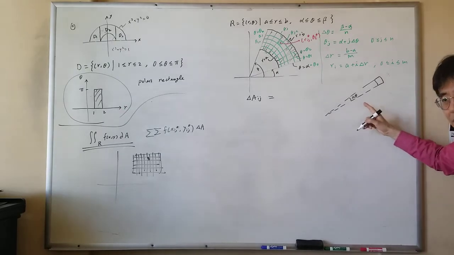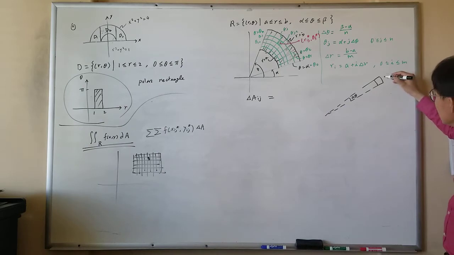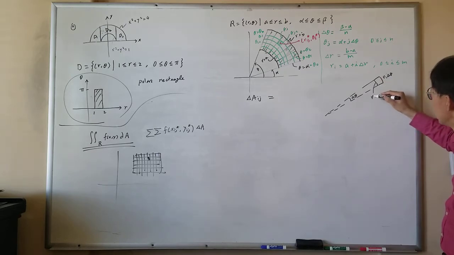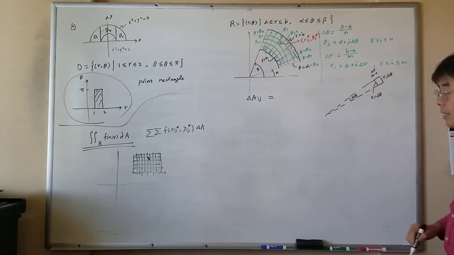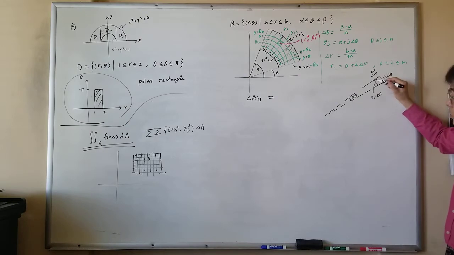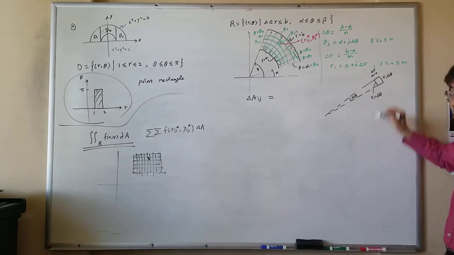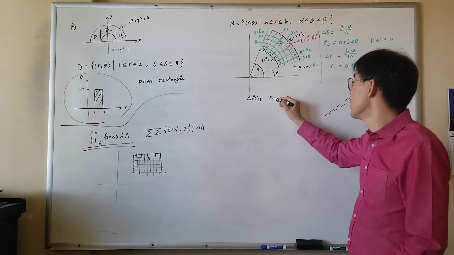When delta theta is really, really small, then this length is r i delta theta. This is r i minus 1 delta theta. This is delta r. When delta theta and delta r are really small, this is almost a rectangle.